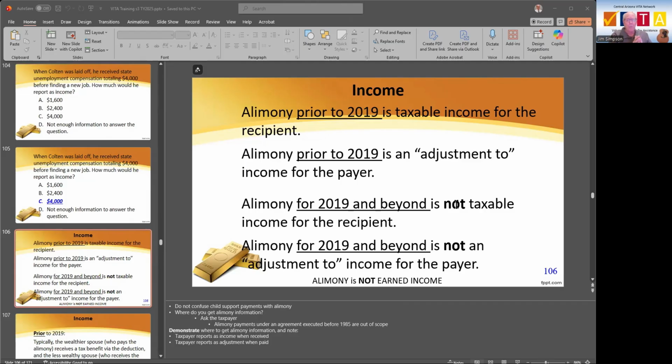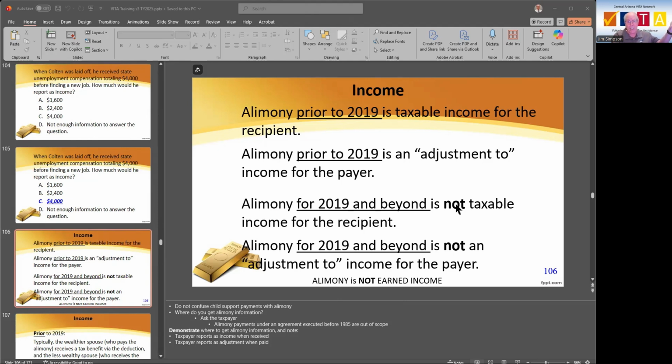Generally, the recipient of the alimony would include it in income and pay taxes on it, and then the payor would get a deduction. And I say generally, the reason they negotiate that is generally the payor is the wealthier one or the bigger earner, right?